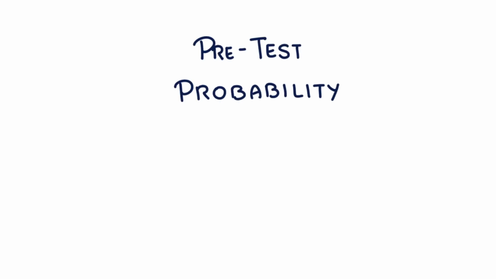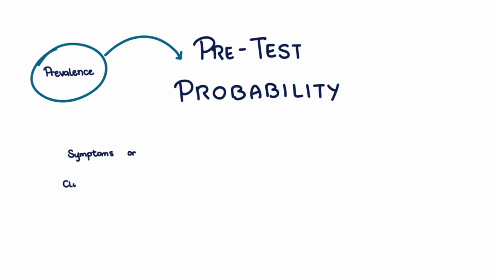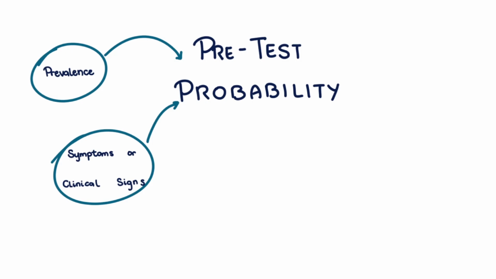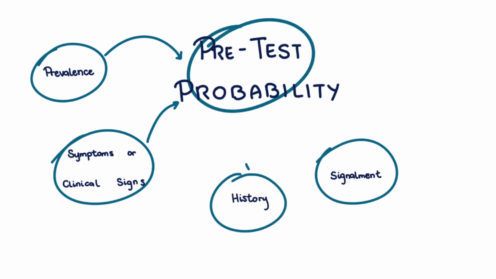If you've noticed, the two examples we tackled have fairly low pretest probabilities. The disease prevalence is not the only thing that goes into the pretest probability. Ideally, we have examined the patient for symptoms or clinical signs of the disease. This increases our pretest probability by a lot. We also take their history and signalment into account.